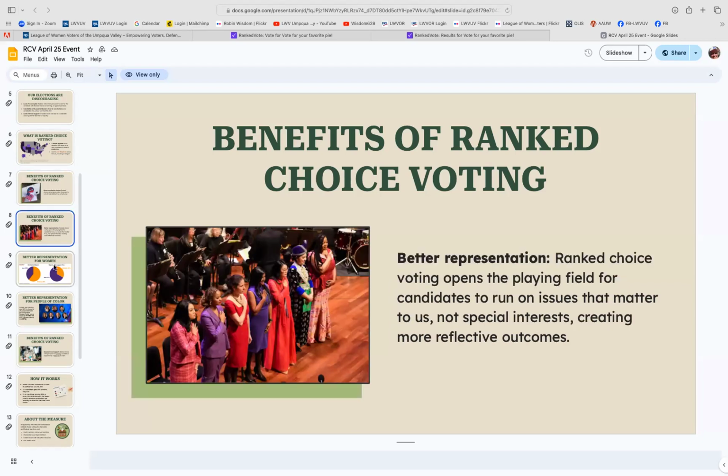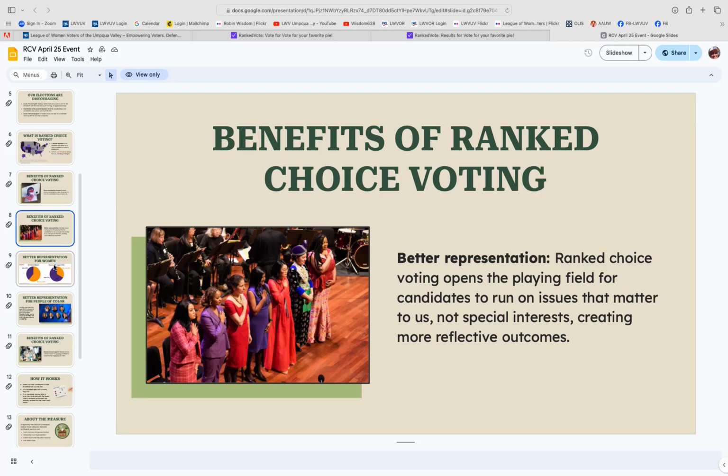Another reason is that ranked choice voting can lead to better representation. In the places that have adopted ranked choice voting, we have seen that more women, more people of color, younger people, first-time candidates, they are all now able to successfully get elected to office.